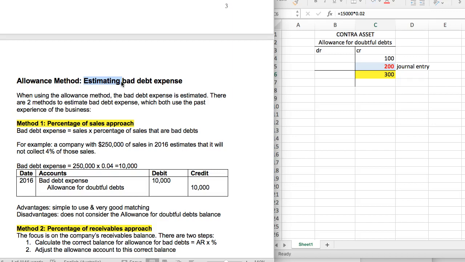It's not adding up numbers and getting a profit. Accounting is trying to communicate how the business is going, and so we need to use different methods to communicate that in the best way we can. And sometimes that does involve estimating some information. But what this means is that the numbers are not mathematically accurate. There's not really just one answer.